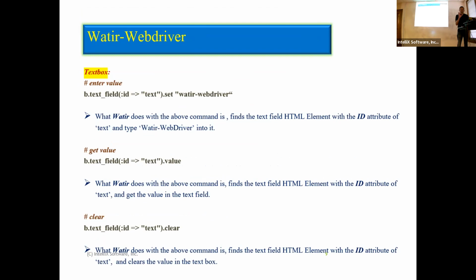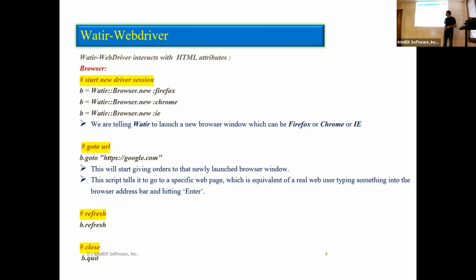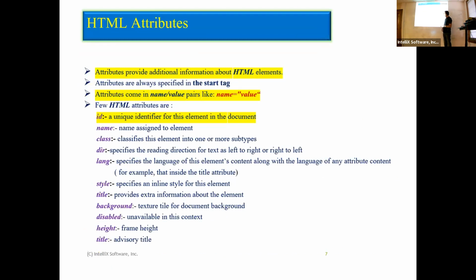If there are 50 text boxes on the page, how does the browser know? This is how you will specify: ID equals whatever the ID is, and that element will be accessed. This is the syntax. So this is ID, but it could be name or class, something like that, if you are using a different mechanism.